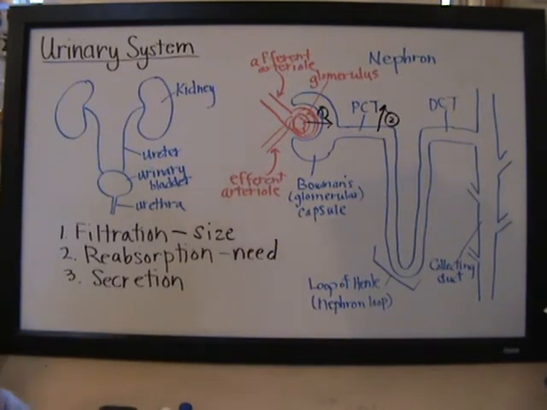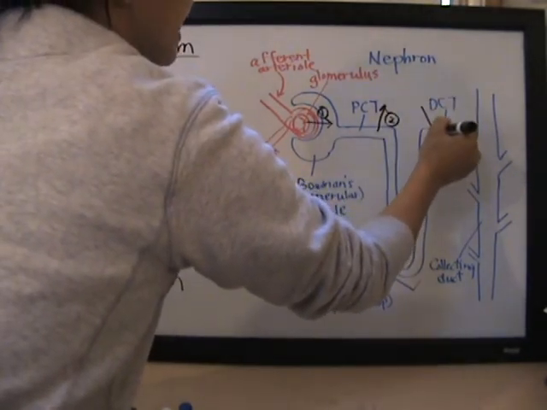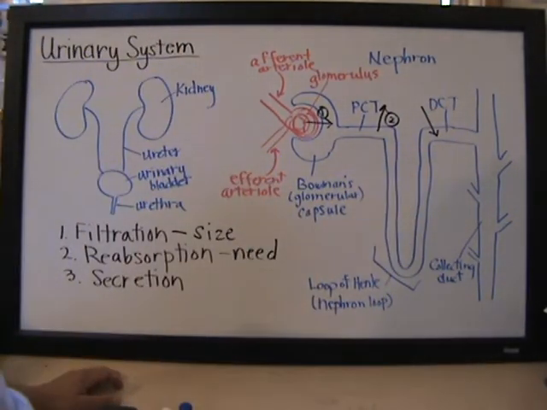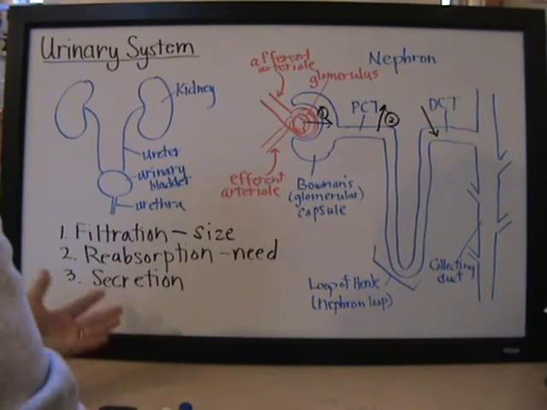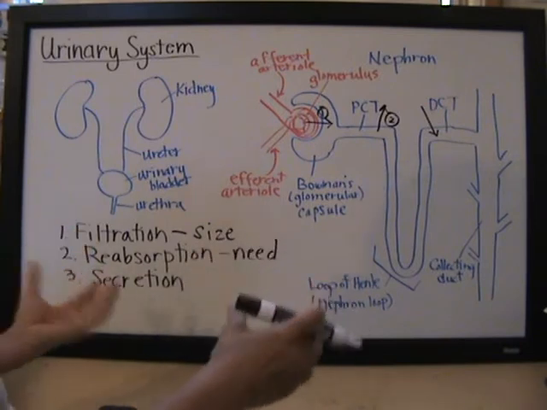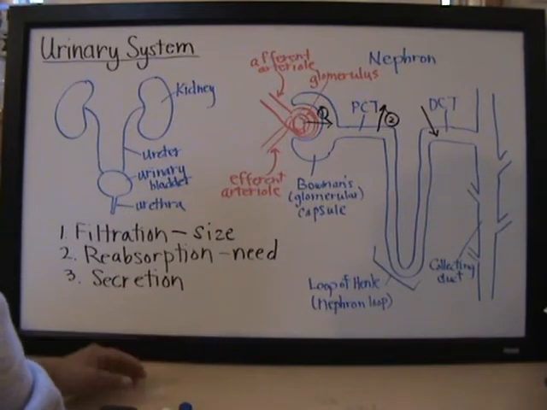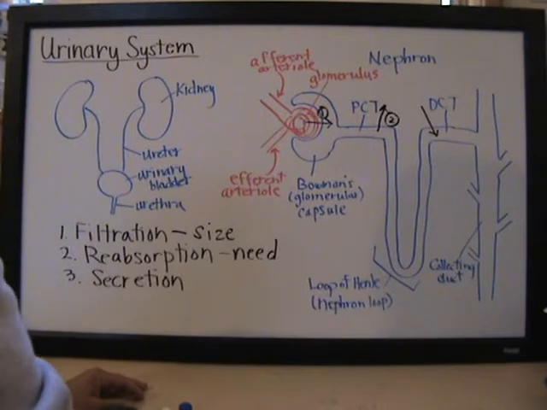The third process is called secretion. Secretion kind of works opposite of reabsorption. Secretion allows us to take substances that we don't want, that could possibly be toxic to our body in large quantities, and it allows us to get rid of them. So any excesses that we might have in our bodies, such as hydrogen ions. Too many hydrogen ions makes our blood too acidic.